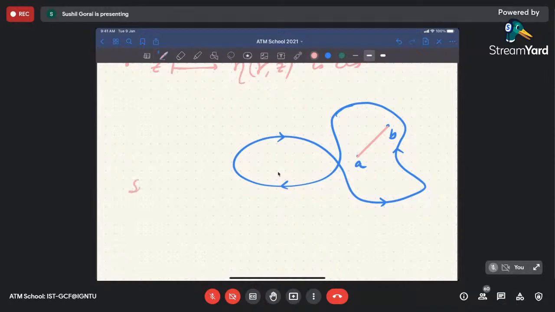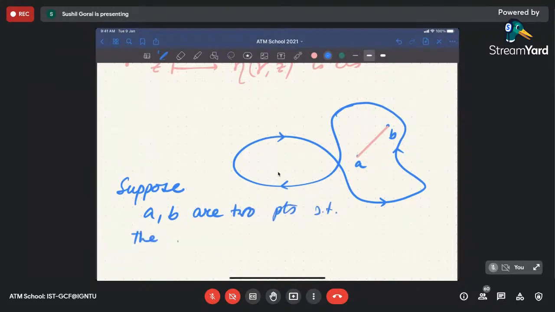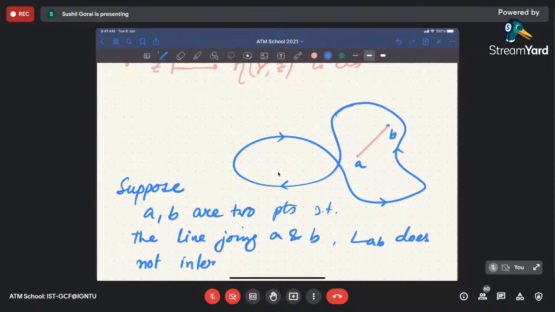So suppose A, B are two points such that the line joining A and B, let's call it AB, does not intersect gamma.